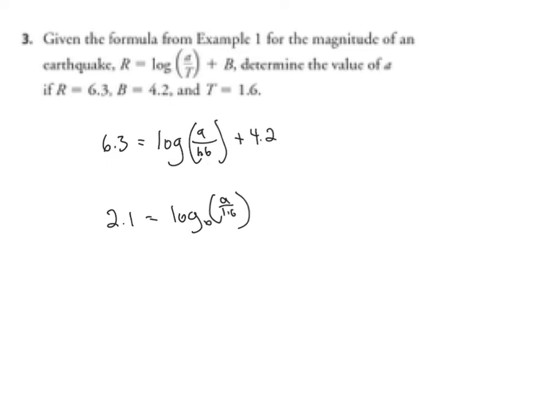That's base 10, of course. So we can now say 10 to the power of 2.1 equals A over 1.6. Multiply both sides by 1.6. And you've got A. A is equal to approximately 201.428 approximately.